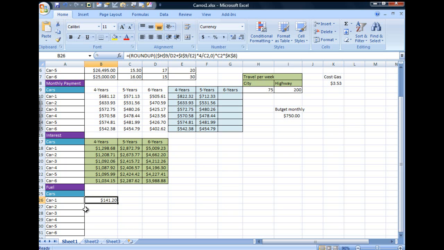Okay, the formula to compute the gasoline is a little bit complicated. You click on the first car, you press the equal sign, open parenthesis, you put the function ROUNDUP, double parenthesis, click H9, which is the 75 miles, and you put an absolute reference.